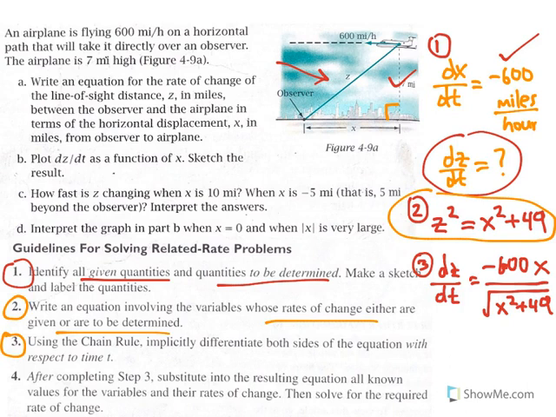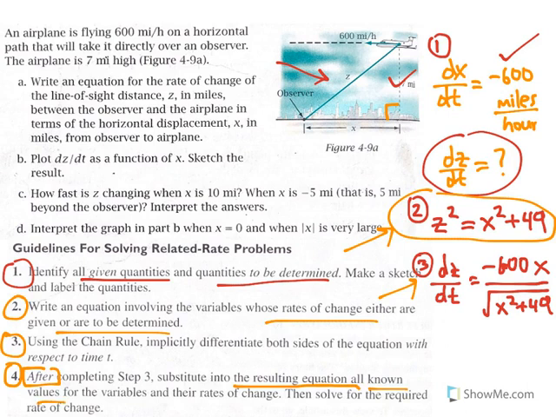In step 3, using the chain rule, implicitly differentiate both sides of the equation from step 2 with respect to time to get an equation that we're after, a related rates equation. And step 4 is what we want to do now. After completing step 3, substitute into the resulting equation all known values.